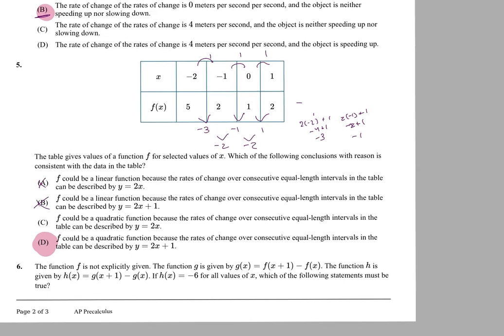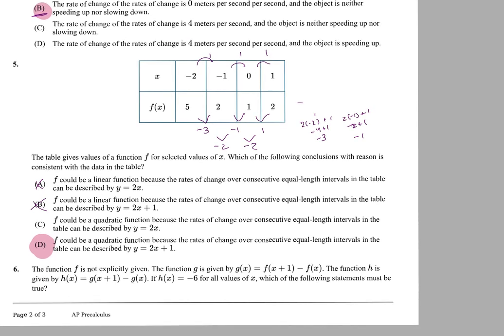Okay, 5. The table of values is given. Which of the following conclusions with reason is consistent with the data in the table? If you found your first rate of change, this time you were going up by 1. So the first rate of change was -3, then -1, then 1. This was not consistent, otherwise it would be a line. The next level of it was 2 and 2. That means that it was quadratic. So I ruled out the linear and I went to the quadratic ones.